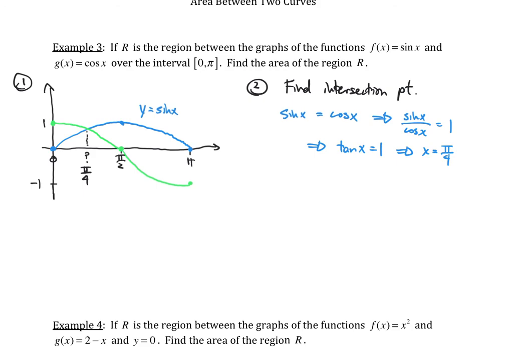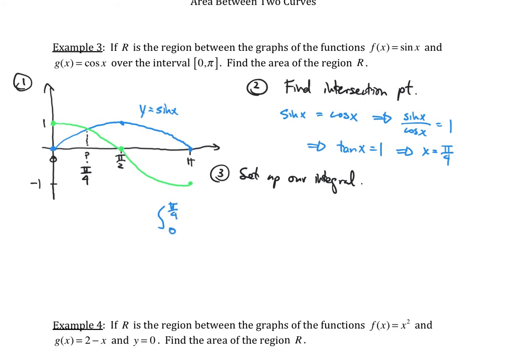Now my goal is I want to calculate the area between these two curves. So I know I need to take my integral and I need to split it into two pieces. So I guess the third thing we'll do is we'll set up our integral. Okay. So I'm going to first integrate from 0 to pi over 4.